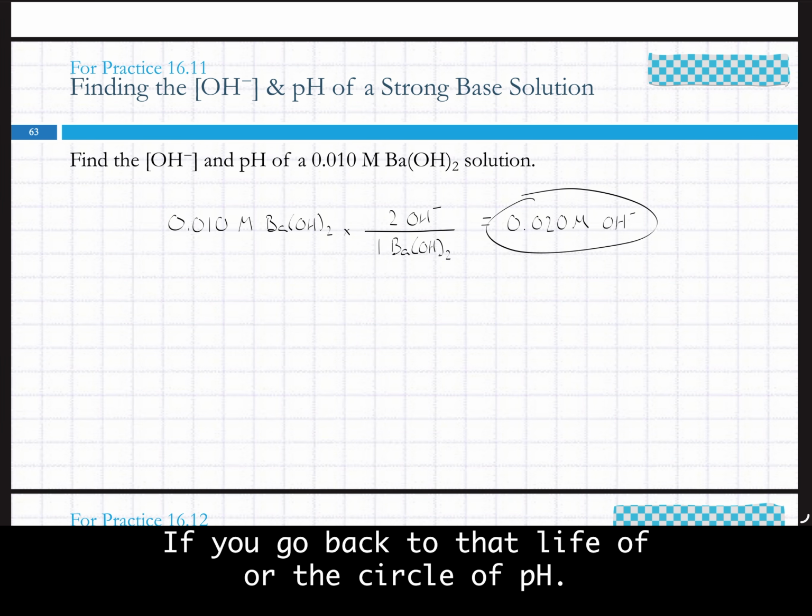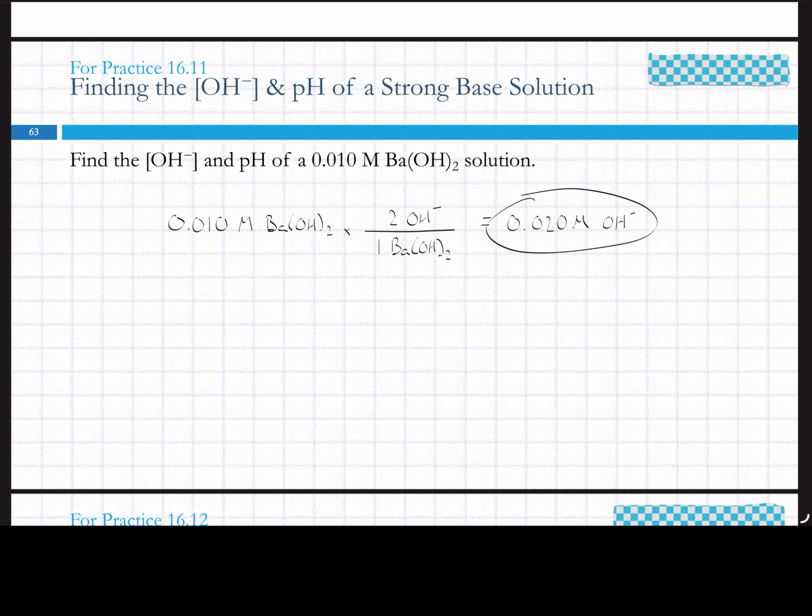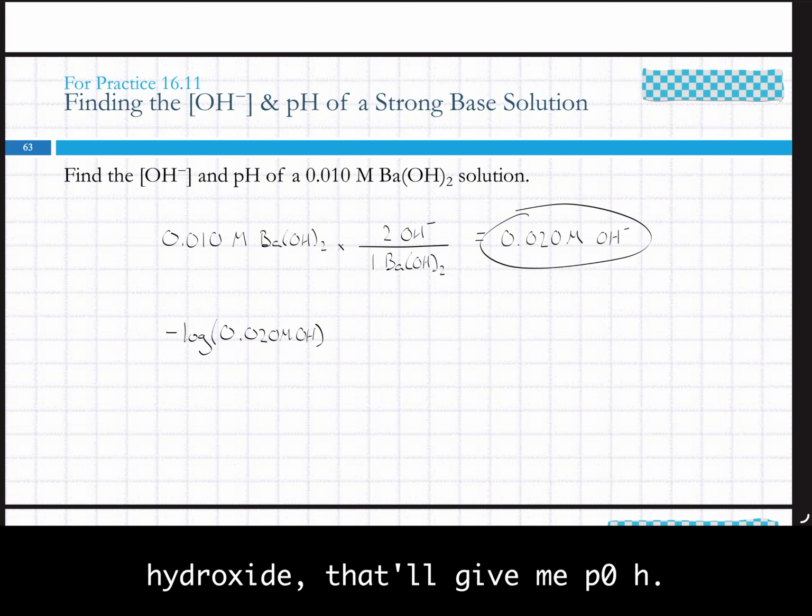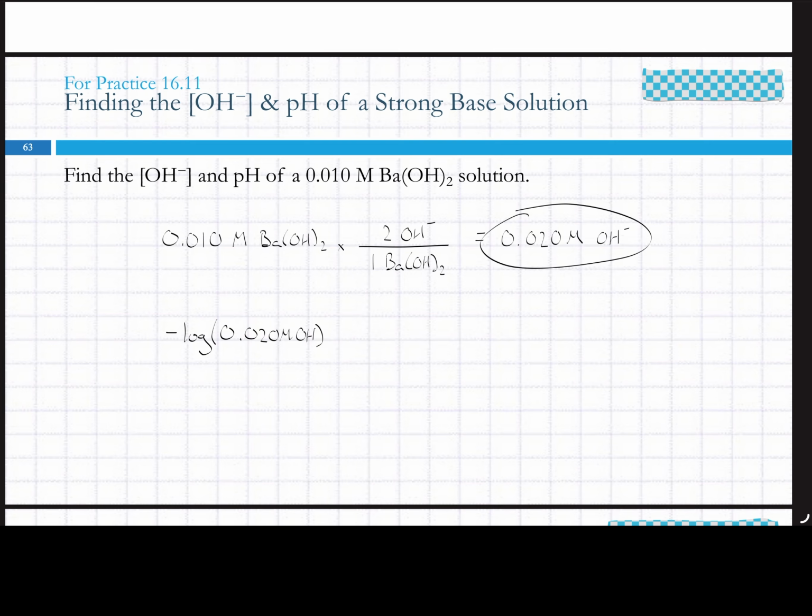If you go back to the circle of pH, I like to do the negative log of, well, since this is hydroxide, that'll give me pOH, which is 1.69897.